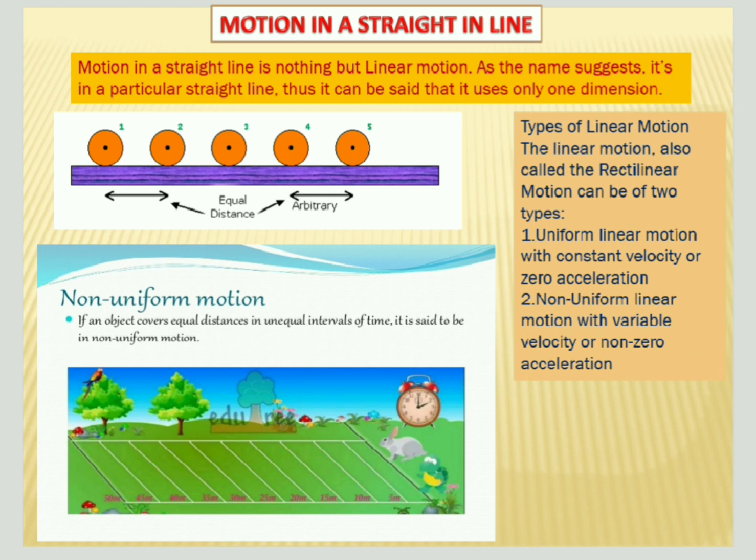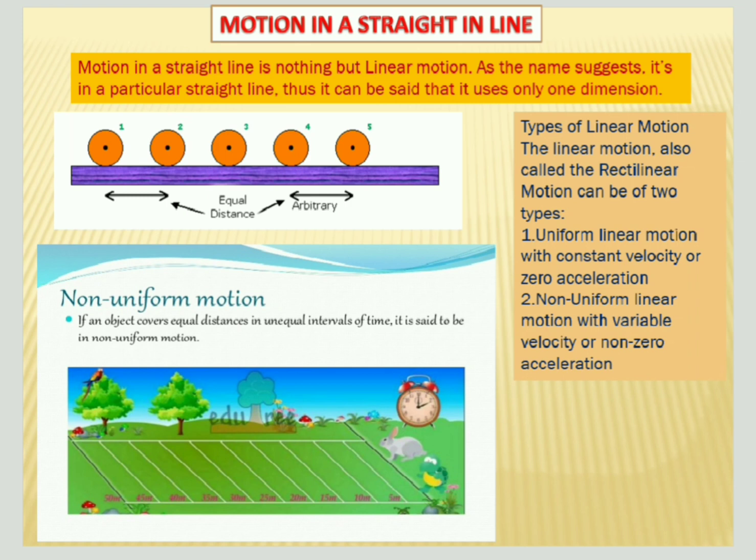Like if a car is traveling equal distance, 1 kilometer, 1 kilometer, 1 kilometer in equal interval of time, means 1 kilometer in 1 hour, 1 kilometer in 1 hour. So equal distance in equal interval of time is called uniform motion. But non-uniform motion means equal distance but in unequal interval of time.